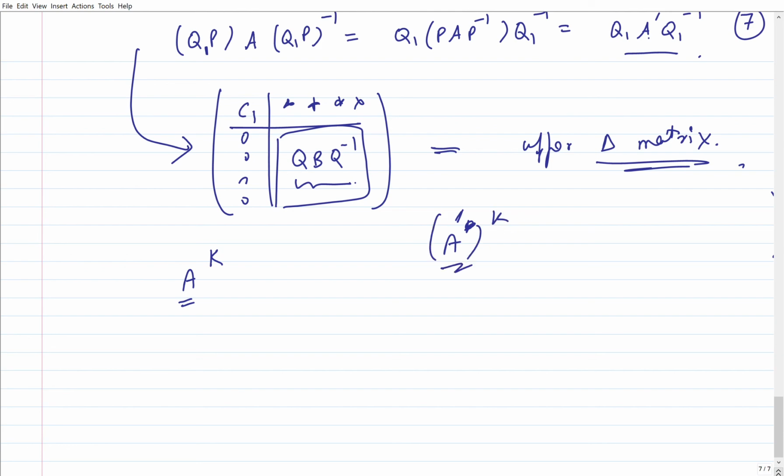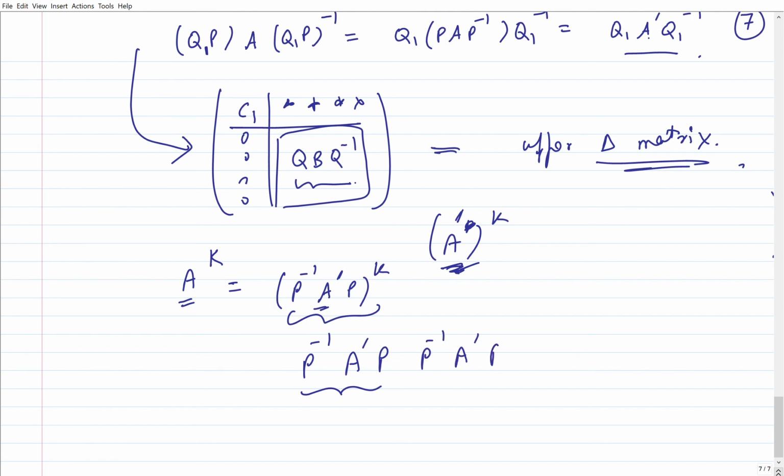A prime to the k would be just exponentiating only the diagonal entries of a diagonal matrix. So this can be written as P inverse A prime P, the diagonal matrix, which is just a change of basis, to the power of k. Now, this is just P inverse A prime P times P inverse A prime P times P inverse A prime P, and so on and so forth.